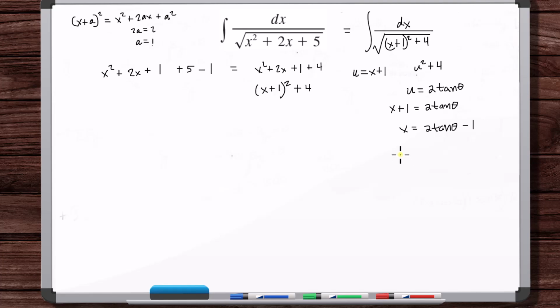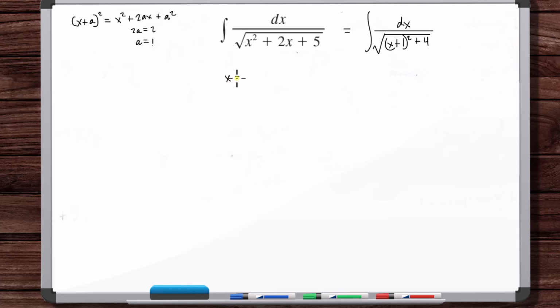And there you go, this is the trig substitution we need to make. Therefore dx is equal to 2 secant squared theta d theta.